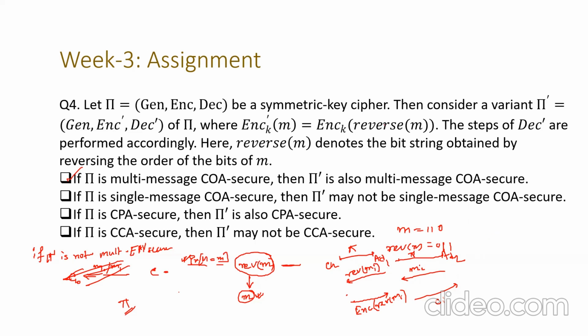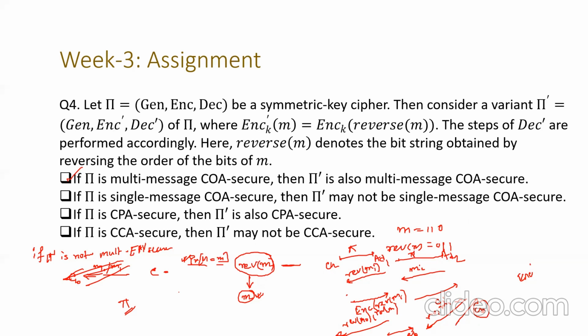Now in the challenge phase, adversary 2 sends two messages M0, M1, and adversary 1 sends reverse of M0 and reverse of M1, and whatever ciphertext it receives, it forwards the same to adversary 2. Seeing the ciphertext, the adversary is able to tell whether it saw the encryption of M0 or encryption of M1 according to the scheme encryption dash. The same bit is provided by adversary 1 to the challenger.